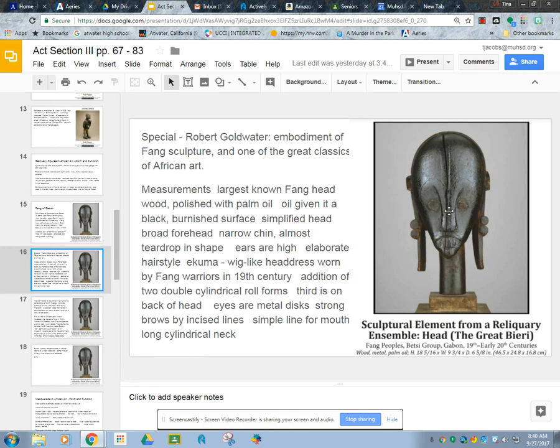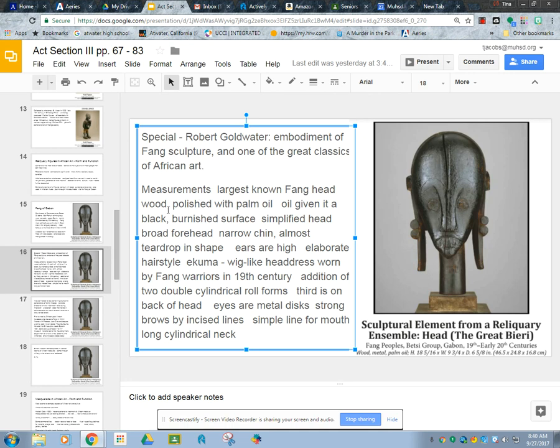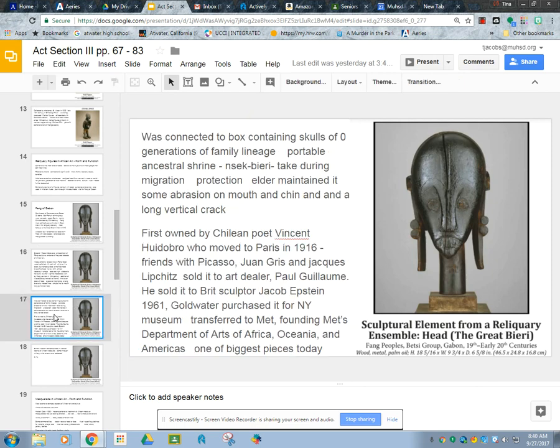The eyes are metal discs. It has a very strong brow that's just been incised, etched into the wood, and a simple line for a mouth with a very long cylindrical neck. And remember that this would not be a specific person, it's just, again, an object to hold other items.